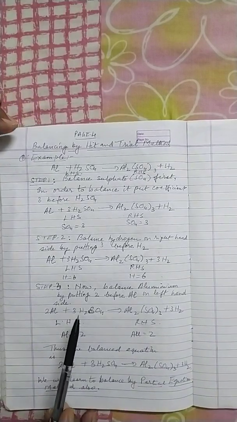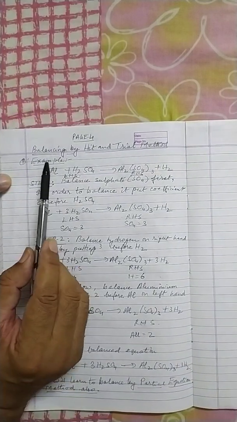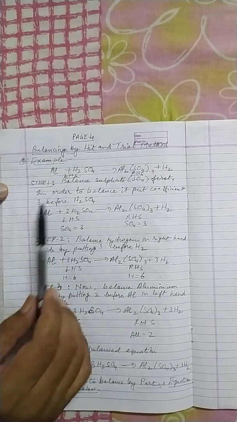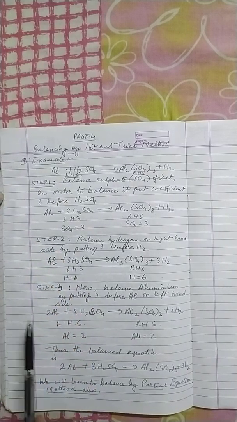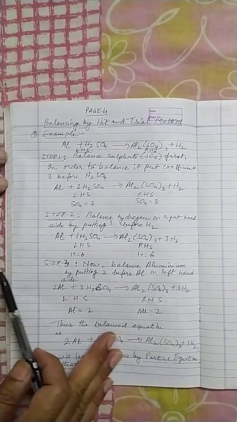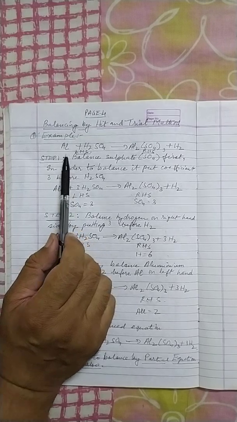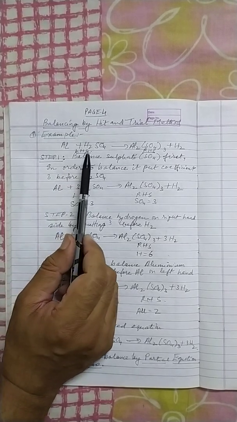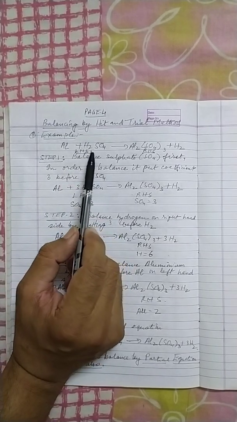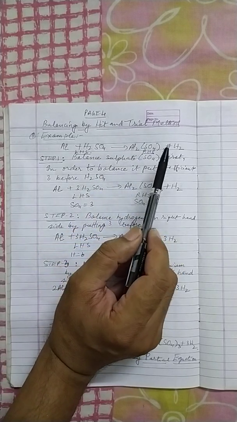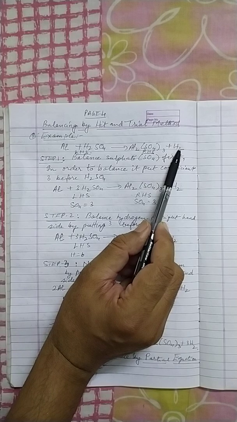If you look carefully, children, the example here shows how we can balance an equation by the hit and trial method. The example is of aluminium reacting with sulfuric acid to give the products aluminium sulfate and hydrogen gas.